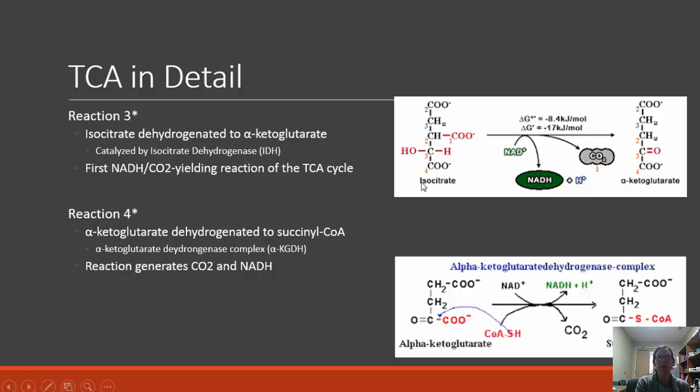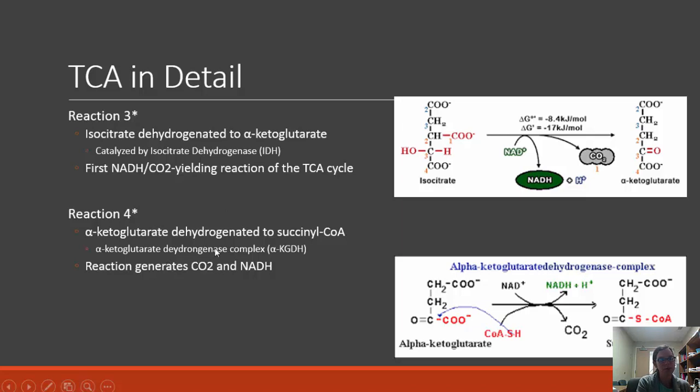In reaction 3, we are transforming isocitrate to alpha ketoglutarate. And again, we can see that some of the hydrogens from our isocitrate are going to reduce NAD+, so that it becomes NADH. That's going to go to the electron transport chain. And we can see it was isocitrate dehydrogenase, so it's a dehydrogenase enzyme again.